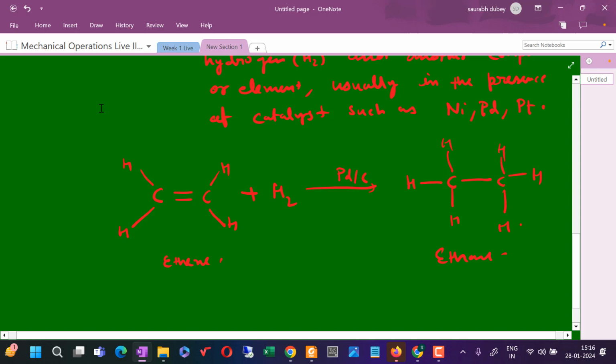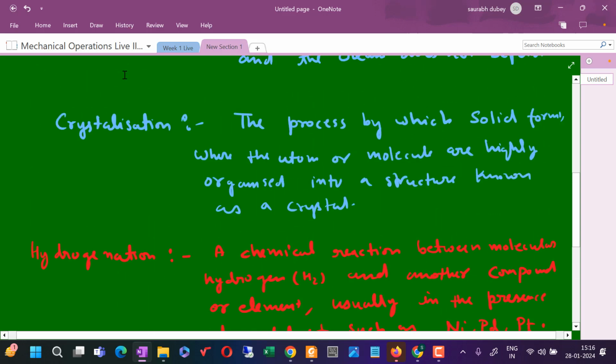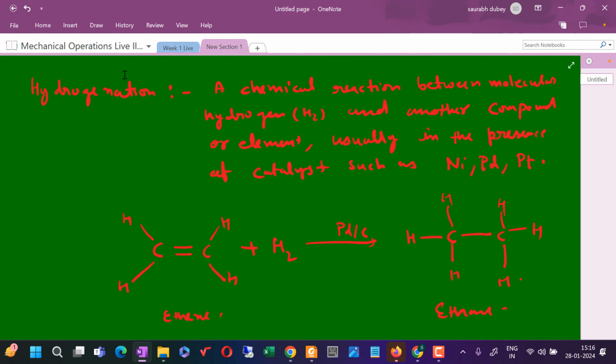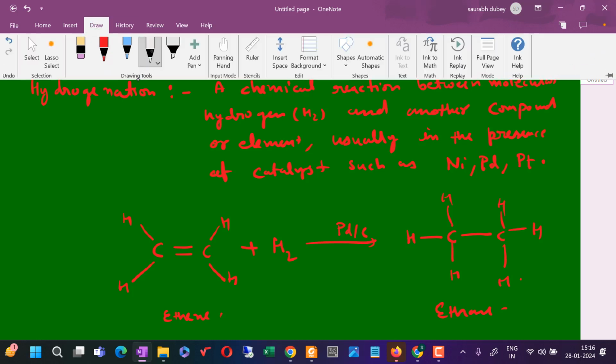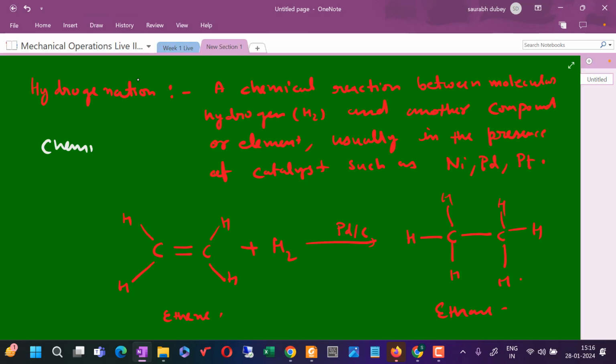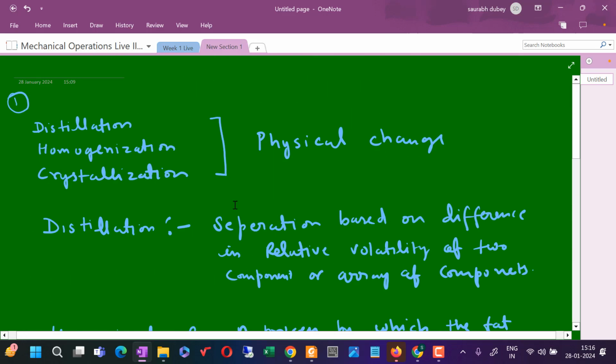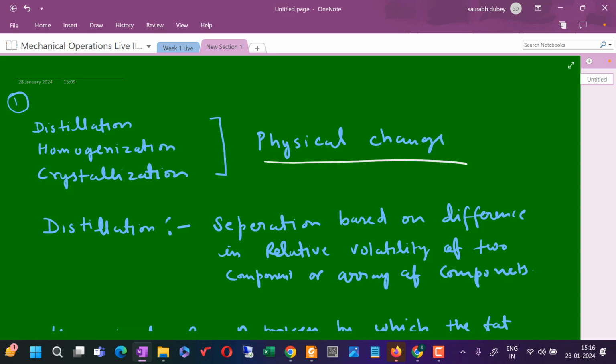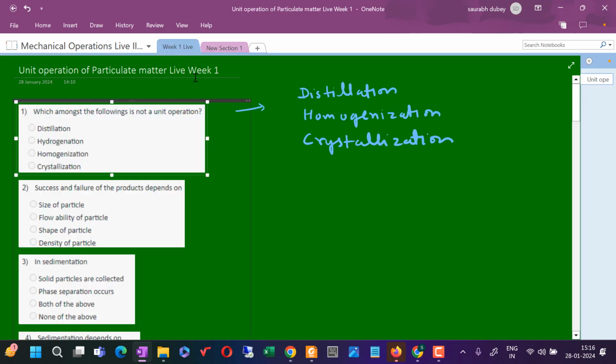So this says that this is a chemical change, and these all were physical change. So option B is the correct answer.